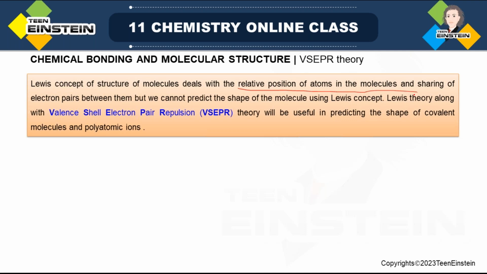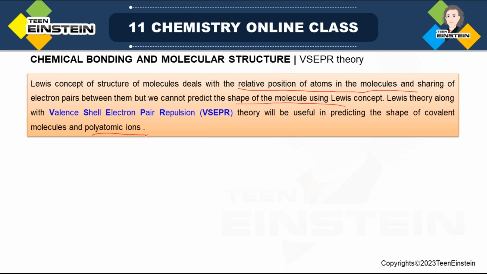But the problem with Lewis theory is that we cannot predict the shape of the molecule using this concept. Now, if we combine Lewis theory along with this VSEPR theory, it will be better because it can now give us the opportunity to predict the shape of covalent molecules, and not just molecules. Sometimes you have polyatomic ions carrying some positive or negative charge, for example, carbonate ion.